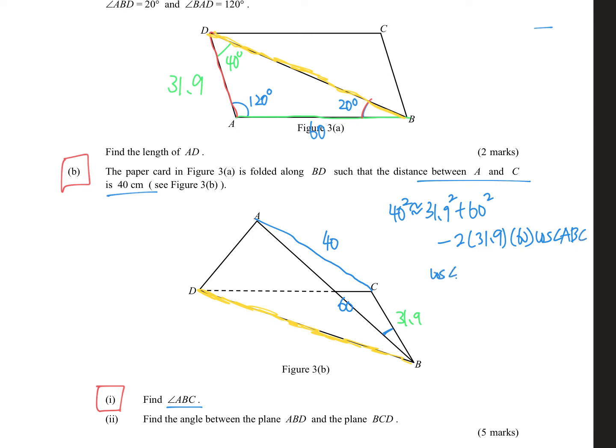And then cosine of angle ABC would be approximately equal to 31.9 square plus 60 square minus 40 square, divided by 2 times 31.9 times 60. So angle ABC is approximately 38.0 degrees. Good.